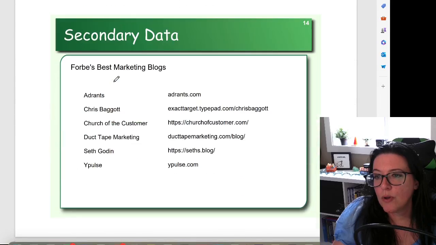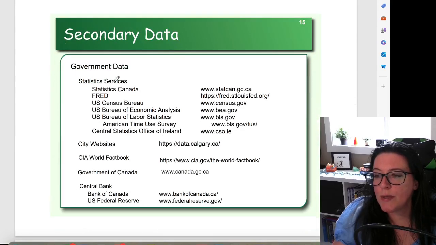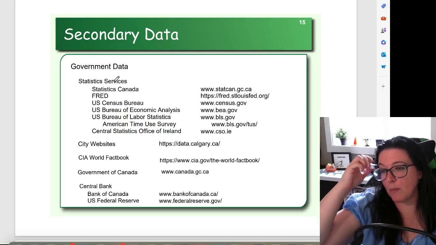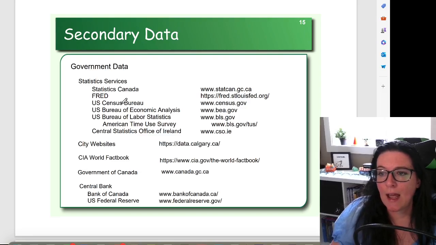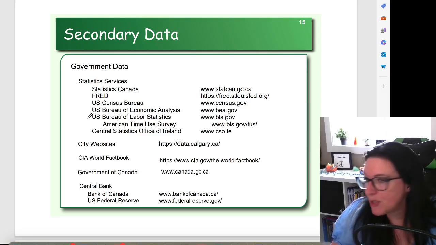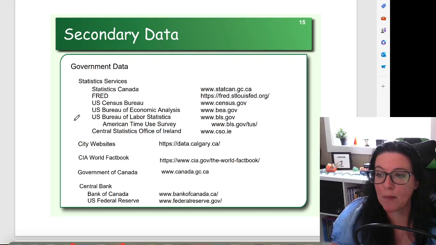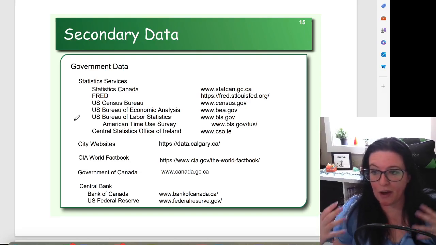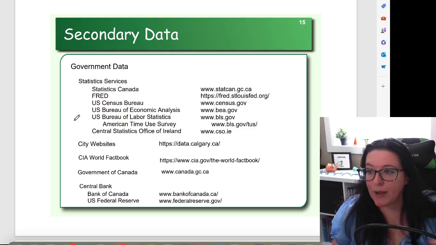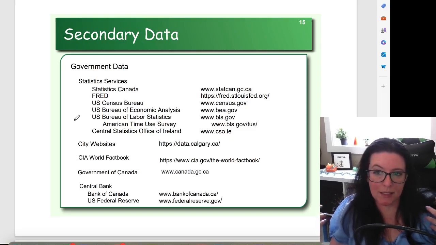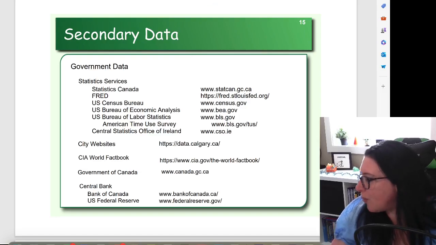Now, you might want to go instead to government sources, so we could collect information from government sources. And so we can get statistical information. So we can go to StatsCan, for example, and find out the population of Canada, we can find the current unemployment rate, inflation. We can go to FRED.